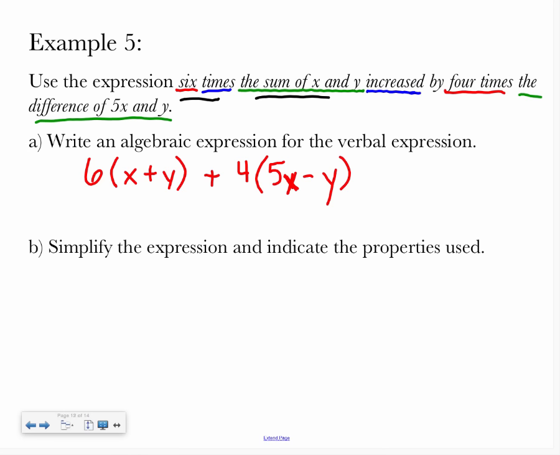Now part B wants us to simplify the expression and indicate the properties used. Okay, so let's start. We have 6 being distributed here, so I'm going to rewrite that as 6 times x plus 6 times y, because it wants us to write out each step.